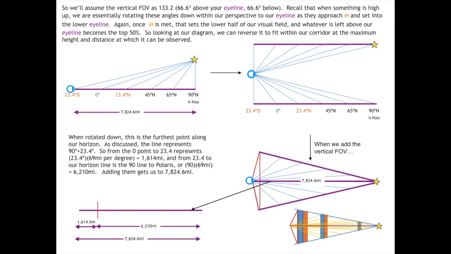The red line represents that vertical line dropped from that 66.6 degree triangle along 23.4 degrees, dropping it down perpendicular to the eye line.